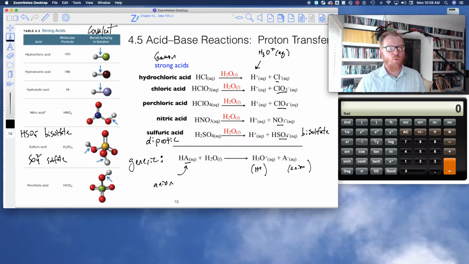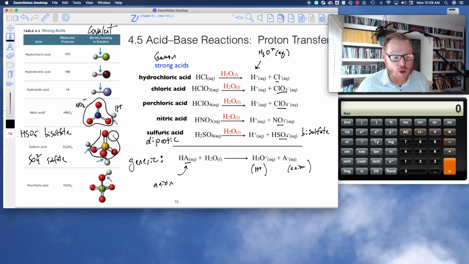Like, for example, we know that nitrate is NO3-. Well, here's nitric acid. Okay, so here is the NO3- chunk, right? 1 nitrogen, 3 oxygens. And then there is that H+. Okay? Or like for a more complicated one like sulfuric acid, okay? This whole thing that I'll circle, that is the sulfate.